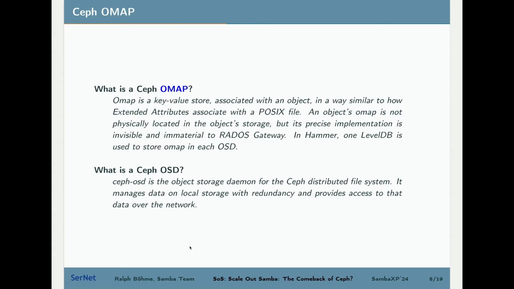Those are the ones where you would have your storage devices. The OSDs, the daemons and I think the whole nodes, are the ones that store the actual data, which is either S3 objects or the OMAPs mentioned above.